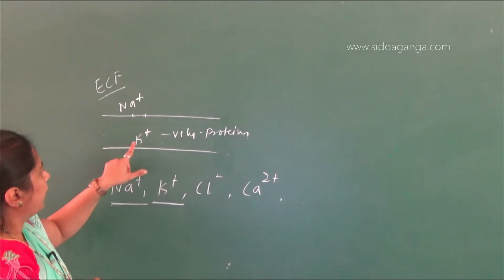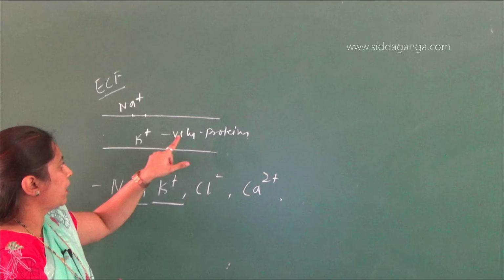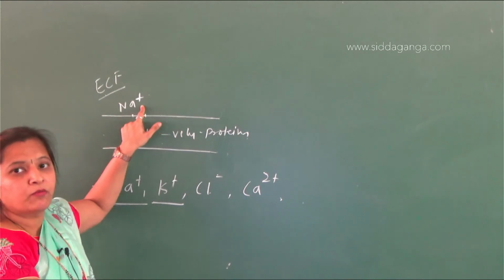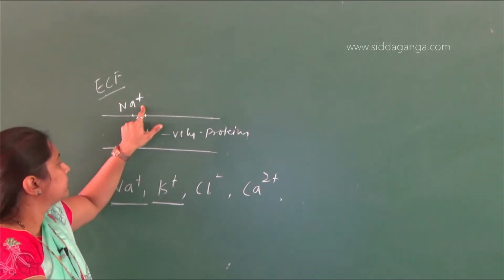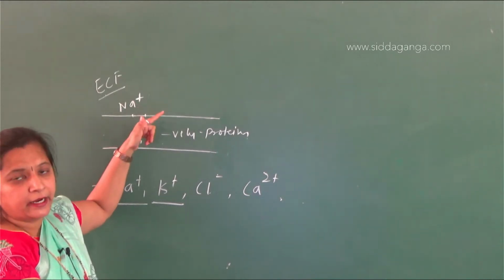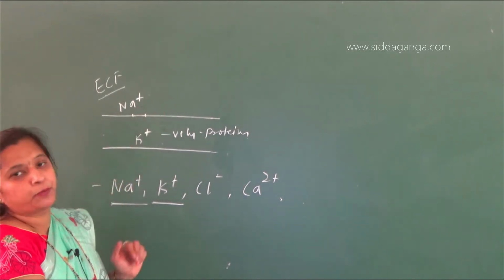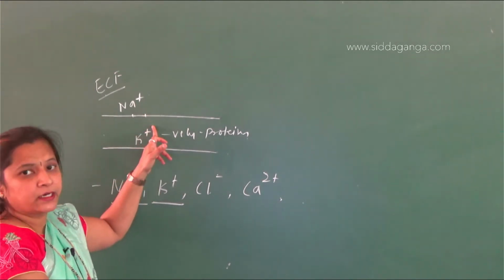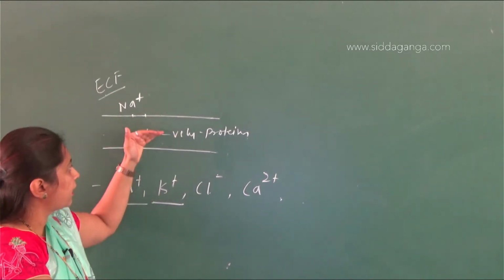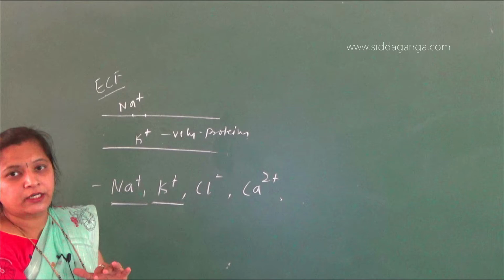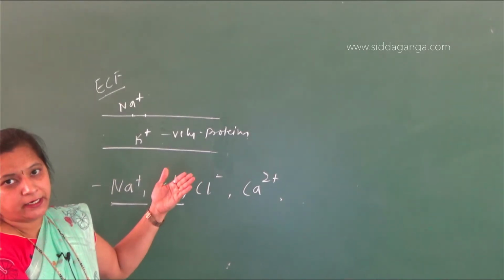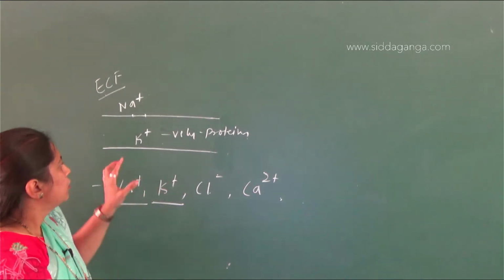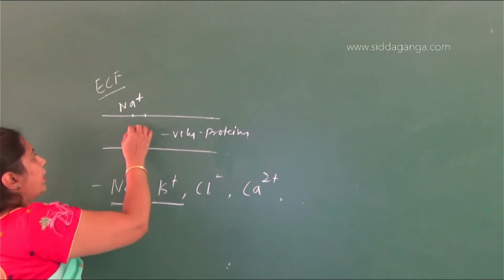This concentration gradient is maintained by active transport of these ions by the sodium potassium pump, which transports 3 sodium ions outward.